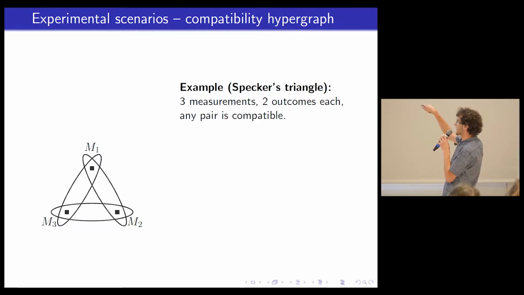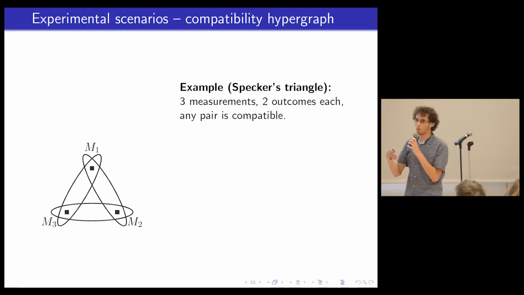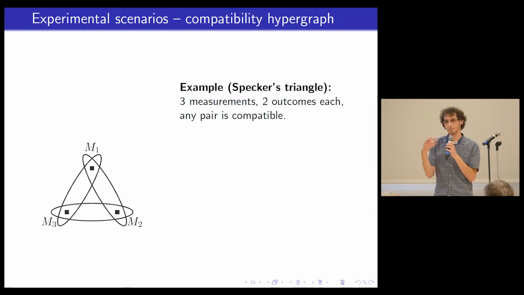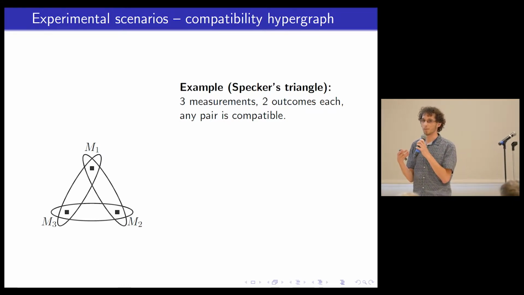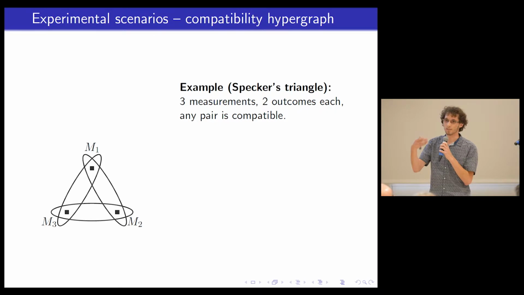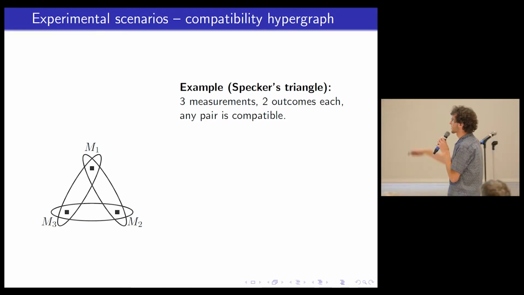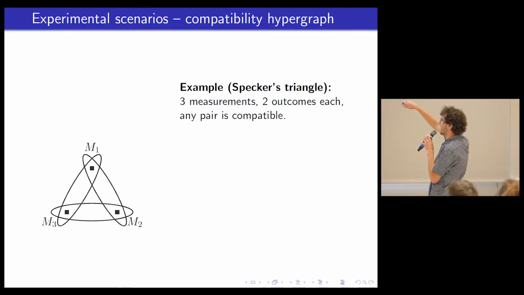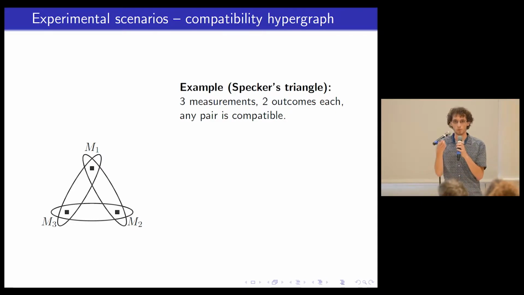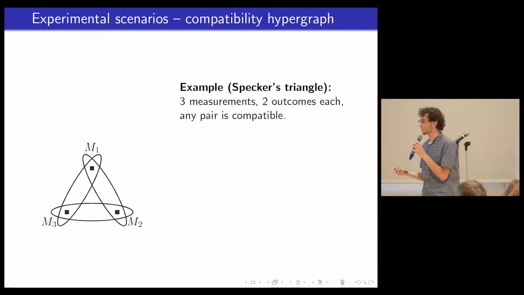So here I have an example of a compatibility hypergraph, which is a notion that is used to describe experimental scenarios in the more structural way. Here, the vertices of this hypergraph, M1, M2, and M3, correspond to individual measurements.